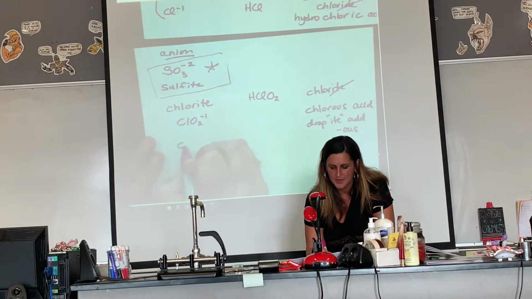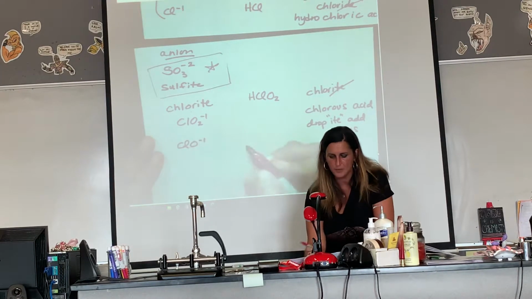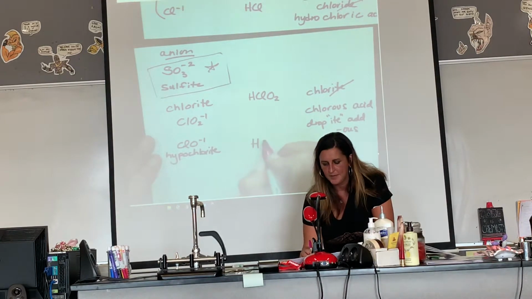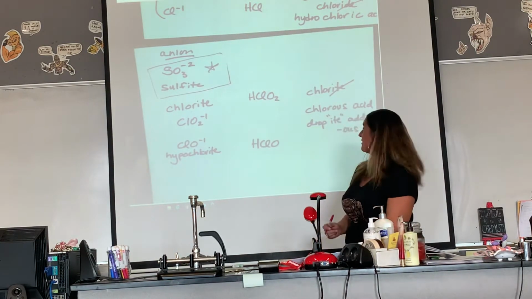Let's say we're looking at ClO -1, which is hypochlorite. Its acid formula would be HClO.